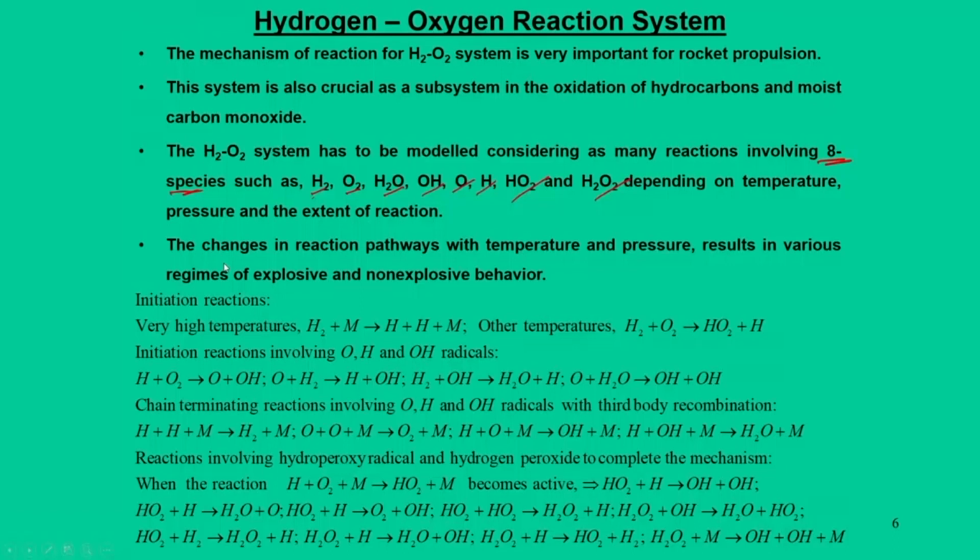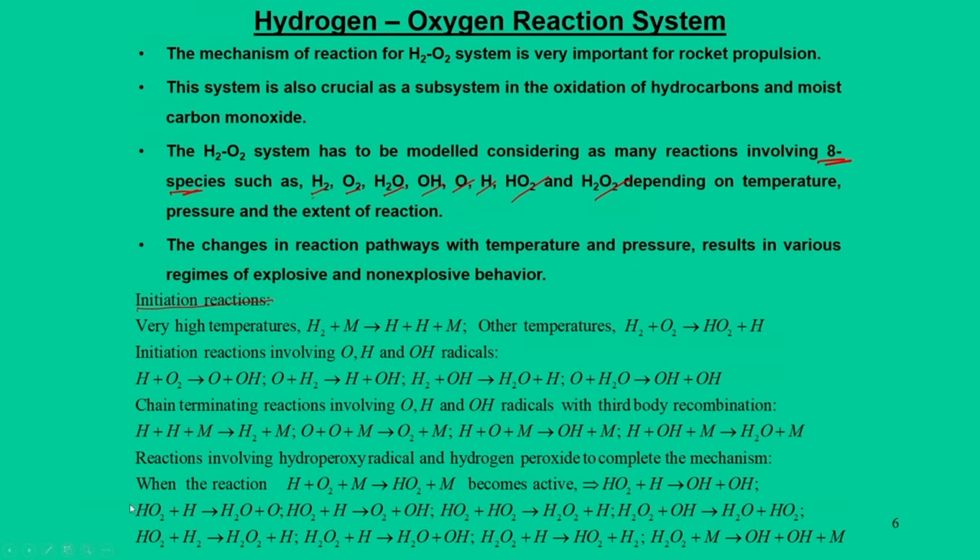So, the reactions during these phases, the changes of reaction pathways, which are a function of temperature and pressure, can result in various regimes of explosive and non-explosive behavior. Let us understand how it can form, I mean in the H2-O2 system what may happen. There are two important cases during the initiation process.